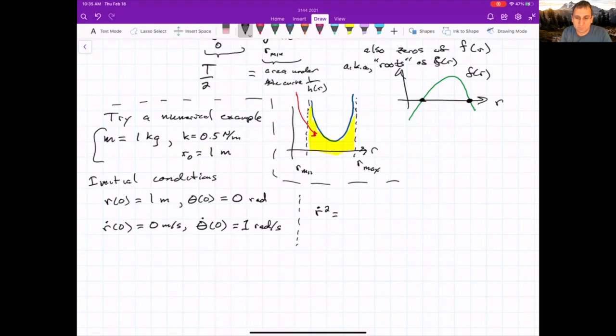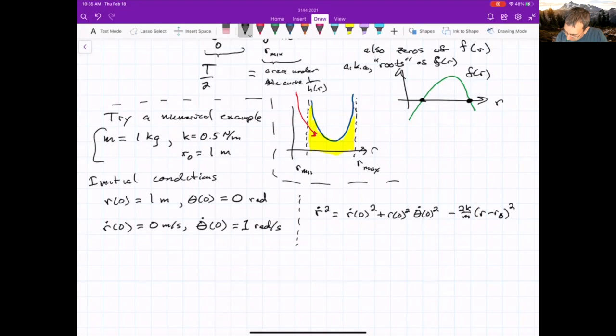Once we've rewritten the expression for energy, where we substituted in conservation of angular momentum, this will end up giving you R dot naught squared plus R squared theta dot initially squared minus 2k over m times R at any time minus R naught, not R at the initial time, but R naught squared.